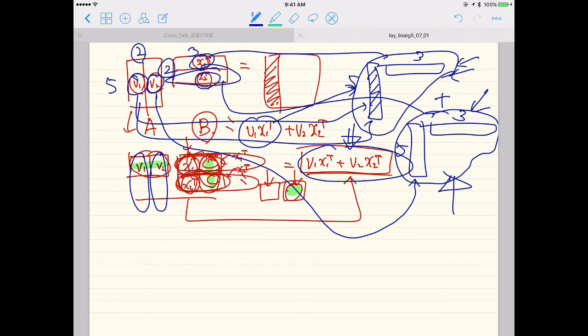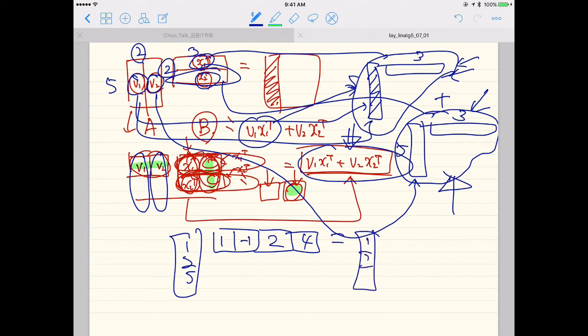Let's think about why it has rank 1. Suppose we have 1 to 5, and 1, maybe -1, and maybe 2, and maybe 4.